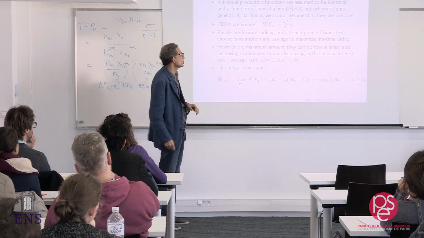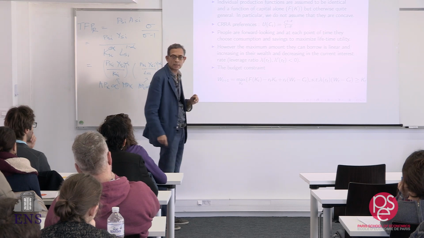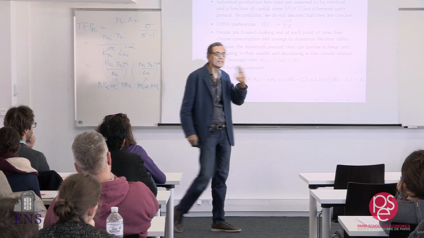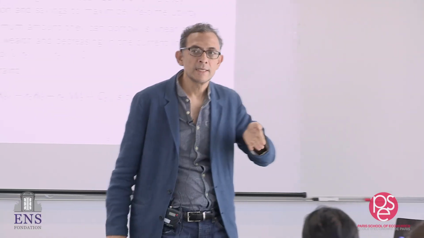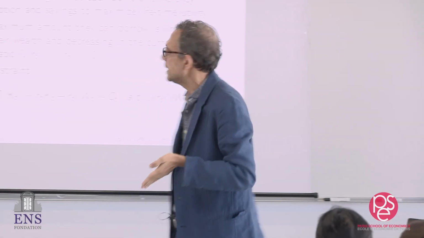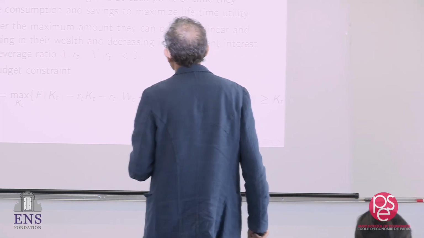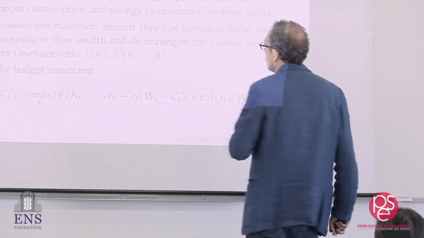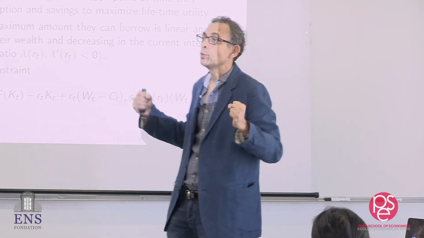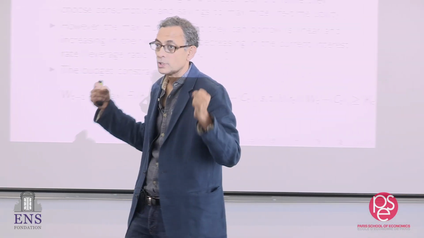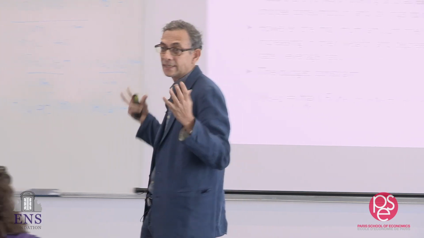And the distortion I'm going to model is the one in the capital market. I'm going to assume a very, very simple form of it: basically, the amount you can borrow is a linear multiple of your net wealth. How much wealth do you have in hand?